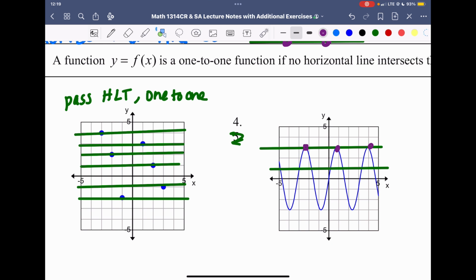But let's say you didn't use that line. You used a line somewhere in the middle. Well, look at this line: 1, 2, 3, 4, 5, 6, 7 times. So this is going to be a fail of the HLT. So this is not one-to-one.